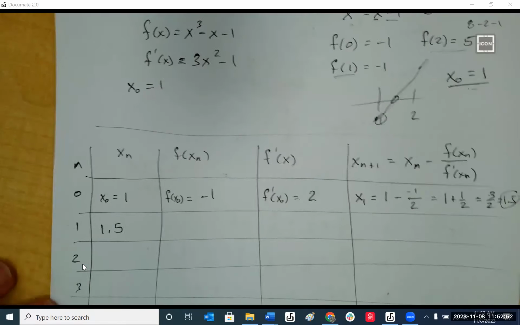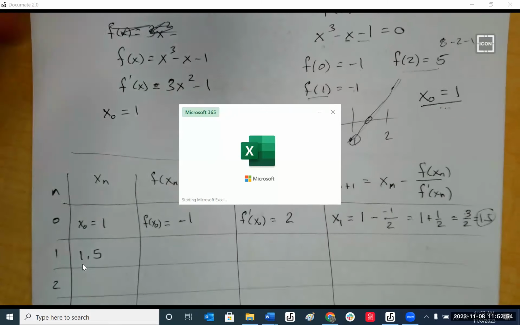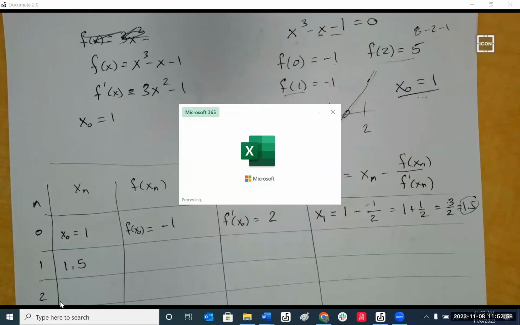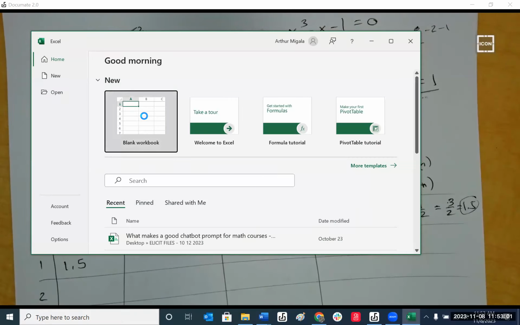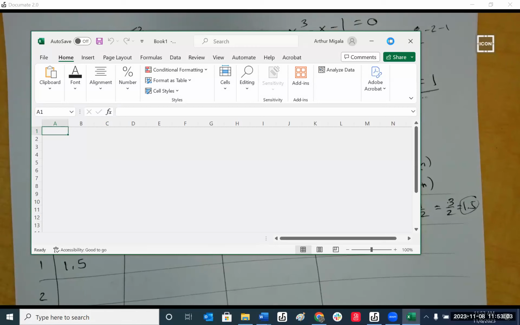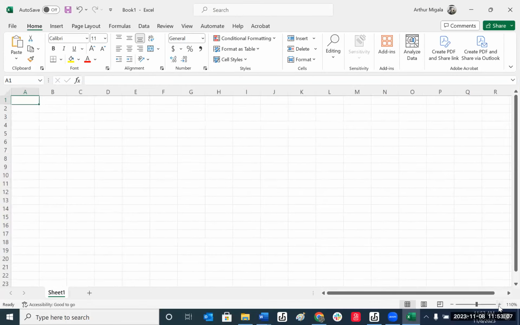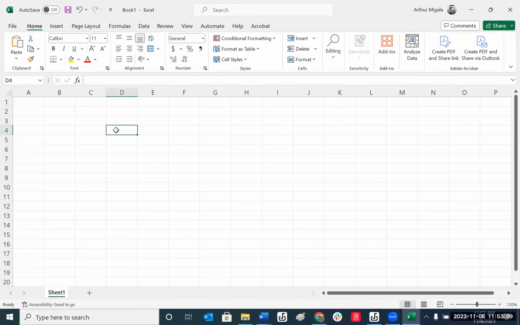I'll just make this a spreadsheet because I would never ask you guys to do this on pencil and paper because it's just going to get more and more ugly.